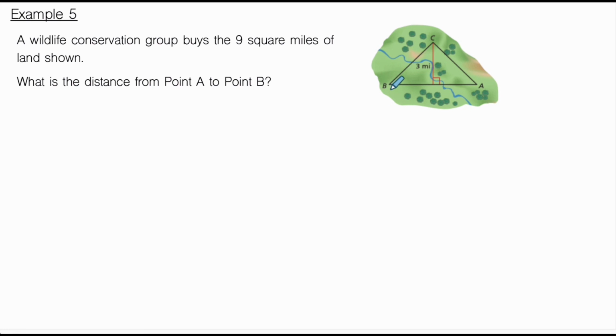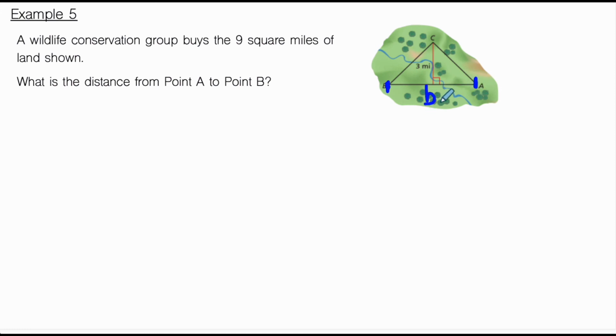So this plot of land that was purchased by a wildlife conservation group, it's triangular, and in total it takes up 9 square miles. So the space that's inside of here is made up of 9 square miles. They want to know, what's the distance from this point to this point?